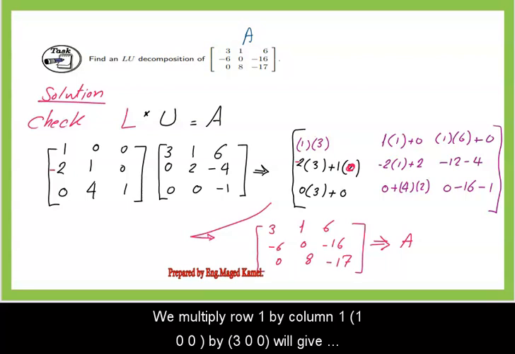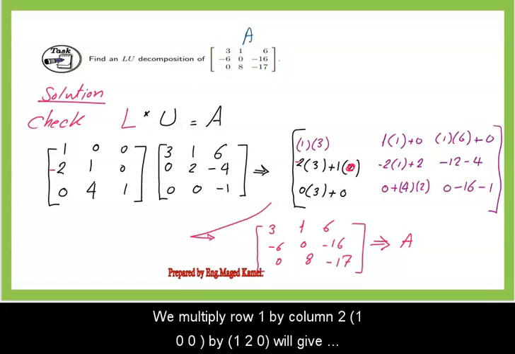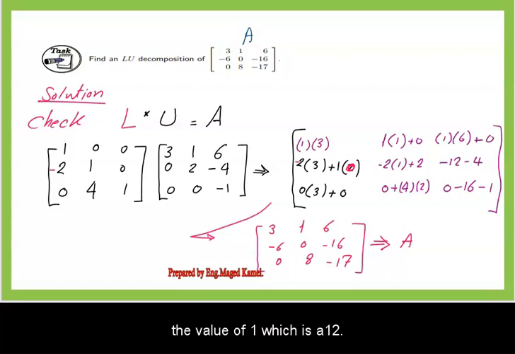This will give the value of 3. This 3 is the value of A sub 1,1. We multiply row 1 by column 2. Row 1 is 1, 0, 0 by column 2, which is 1, 2, 0, will give us the value of 1, which is the value of A sub 1,2.